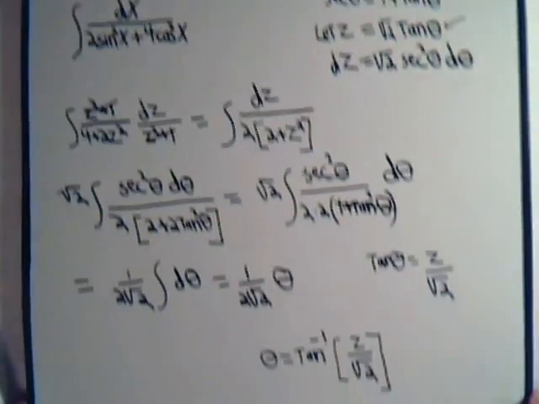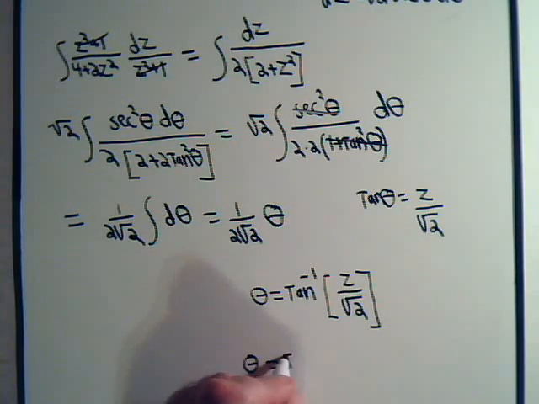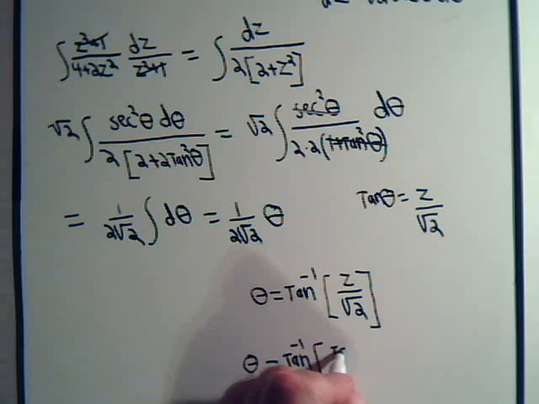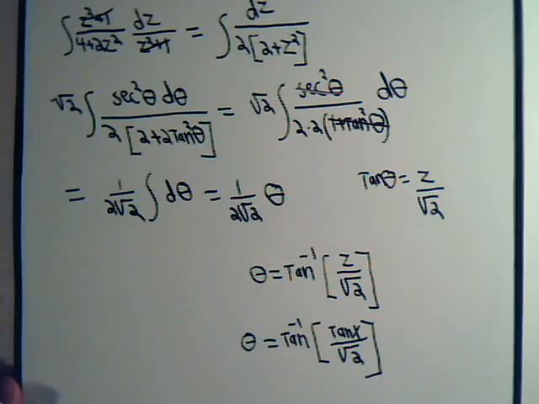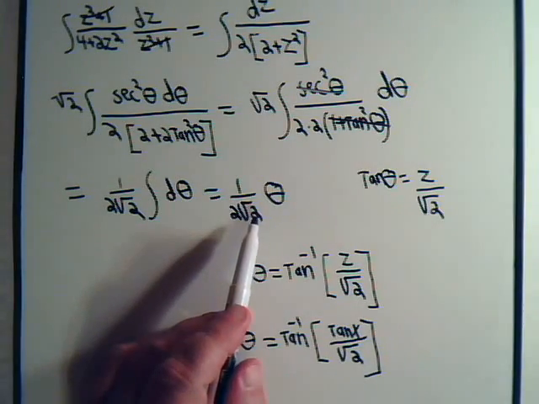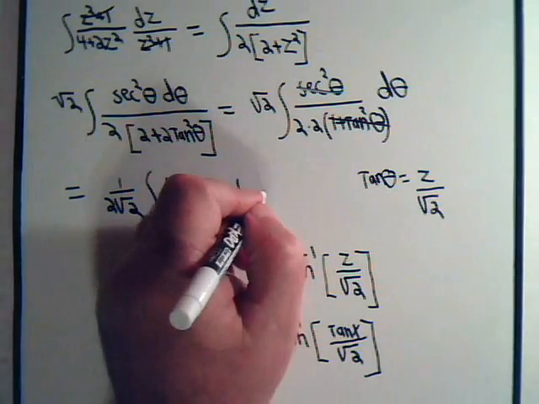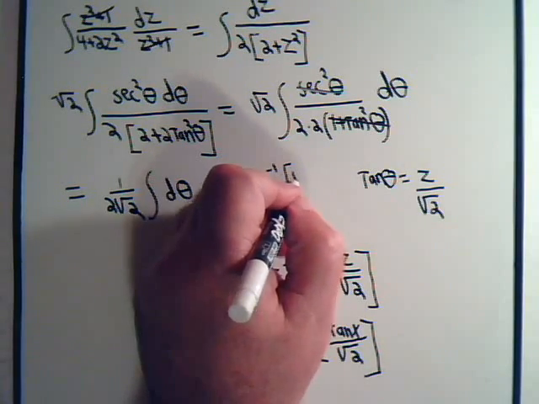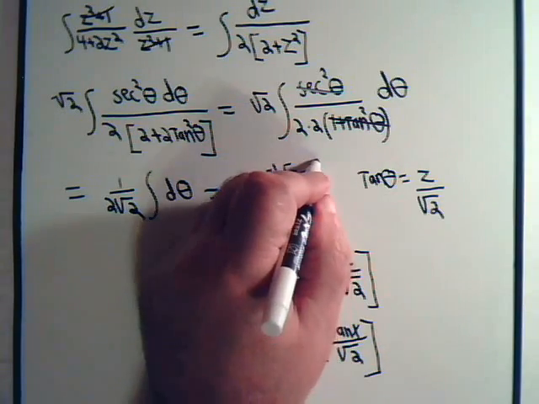That was our substitution. So we can say theta equals inverse tangent of the tangent of x divided by the square root of 2. So we had this times theta, and theta is inverse tangent of the tangent of x divided by the square root of 2.